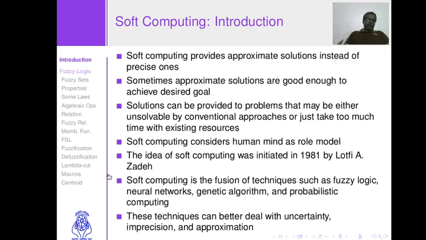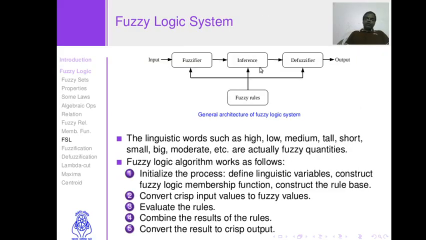As we discussed during the last lecture, a fuzzy logic system has four main components. A fuzzifier, which converts a crisp value to a fuzzy quantity. Some operations are performed on that.